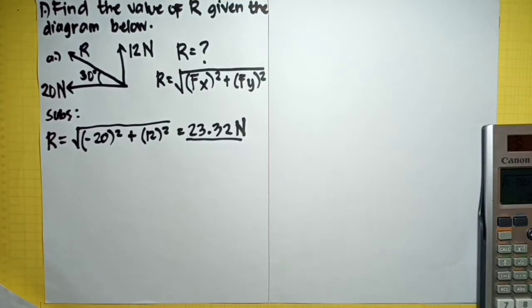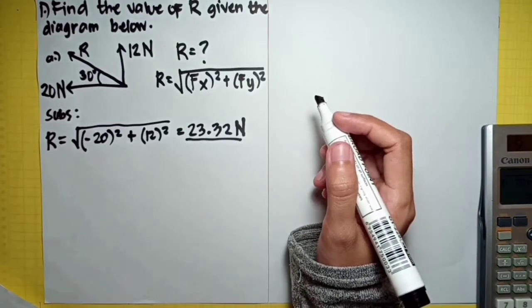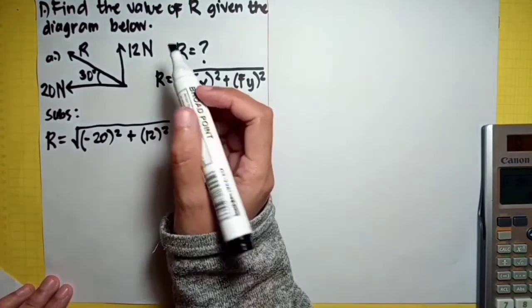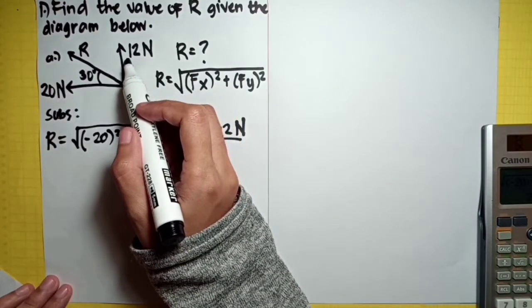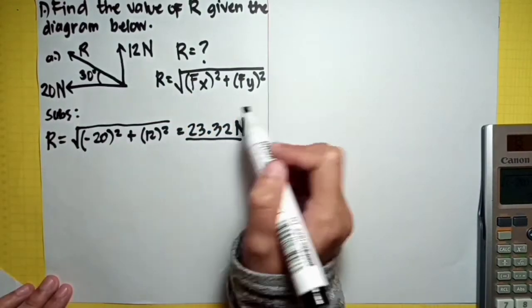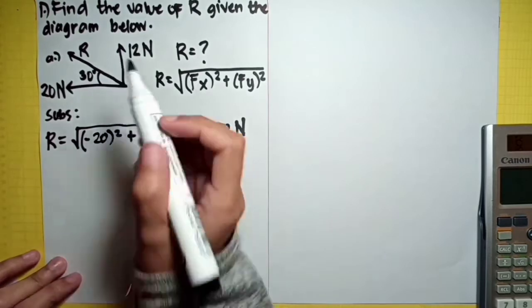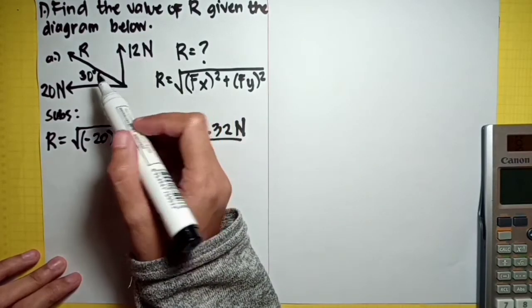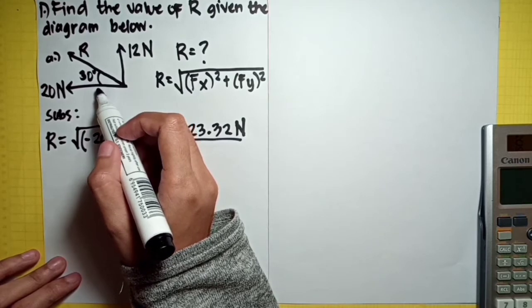Now, kung gusto nyong i-check ang answer nyo or ang resultant na 23.32 Newton, let's try to find the value of F sub x pati F sub y, assuming na hindi given ang value at saka given ang resultant. So, gagamitin natin ang formula na ginawa natin kanina. So, based sa angle, nakalay ang angle na 30 degrees between resultant pati x-axis.